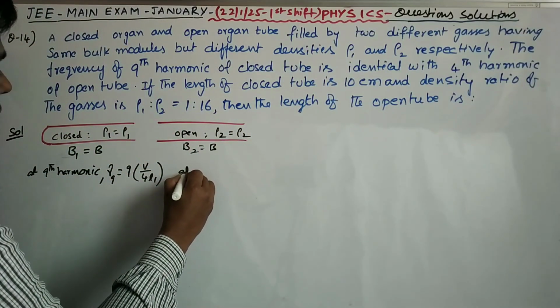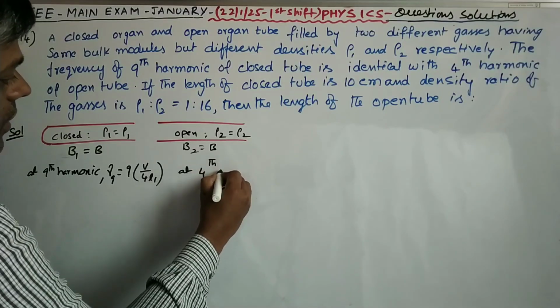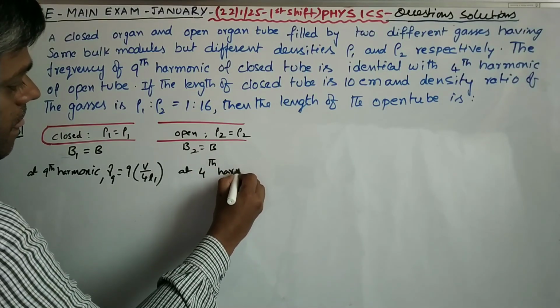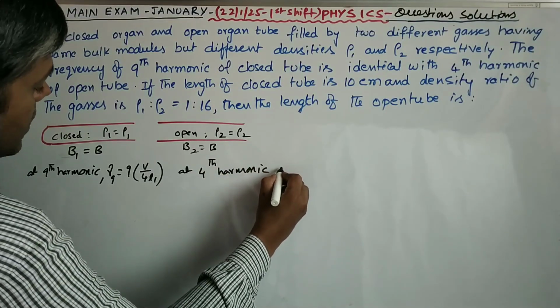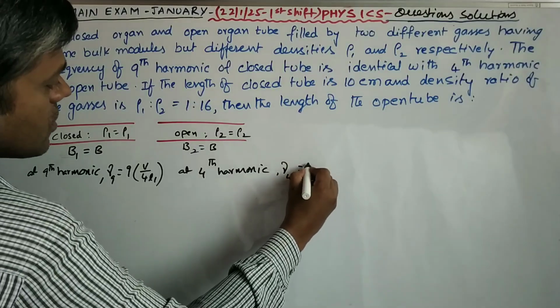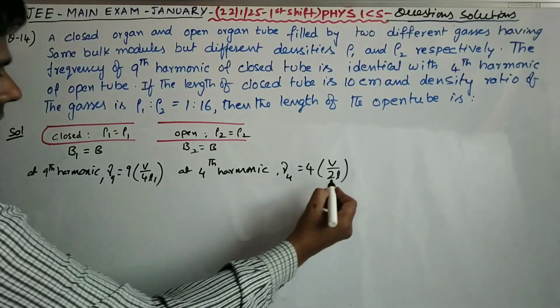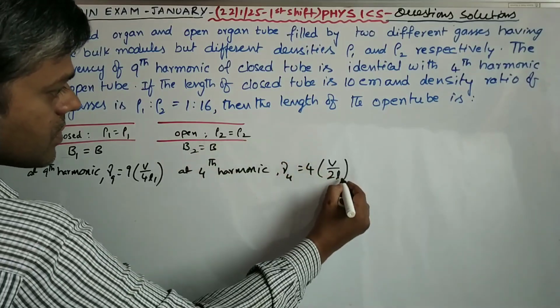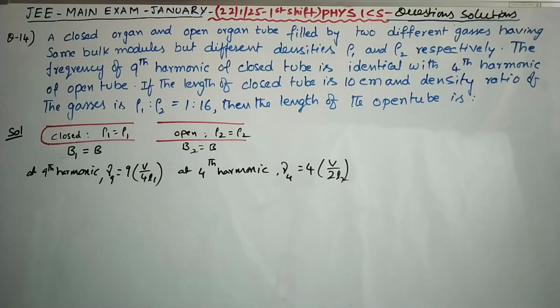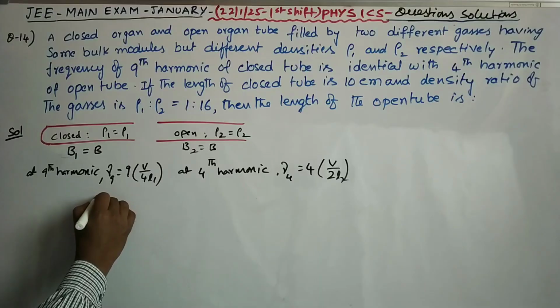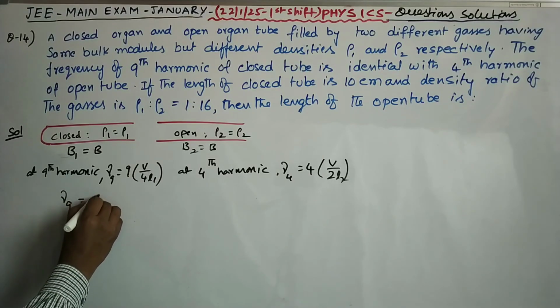What is the frequency at the fourth harmonic in the open tube? ν4 is equal to 4 into V by 2L. The length of this open pipe is L2, so it is V by 2L2. Both are identical. That means ν9 is equal to ν4.